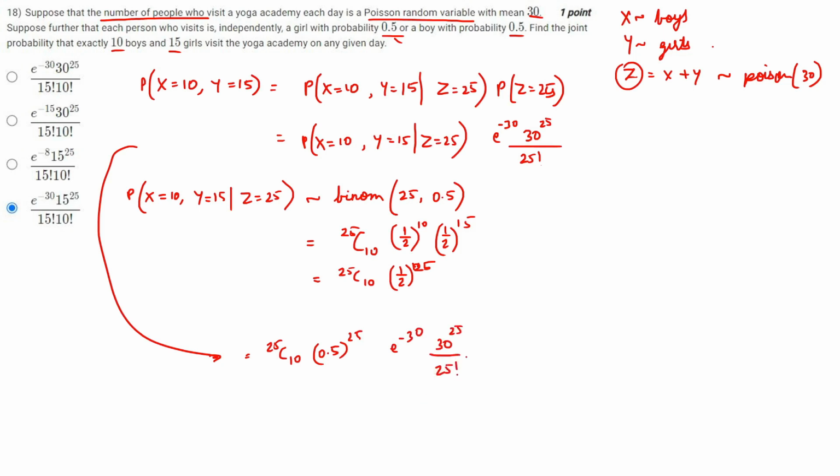Now I'll expand this particular term, that is 25 factorial divided by 15 factorial into 10 factorial, into 0.5 to the power 25, e to the power minus 30, 30 to the power 25 divided by 25 factorial. 25 factorial gets cancelled, so what is remaining is e to the power minus 30 into, since we have the same power, this can be written as 15 to the power 25 divided by 10 factorial into 15 factorial.